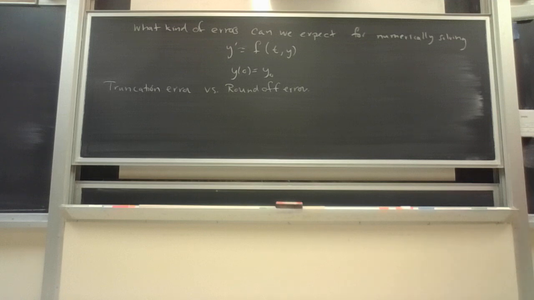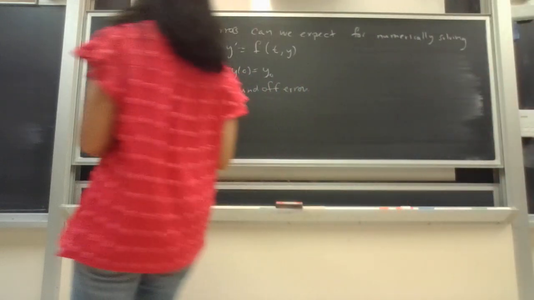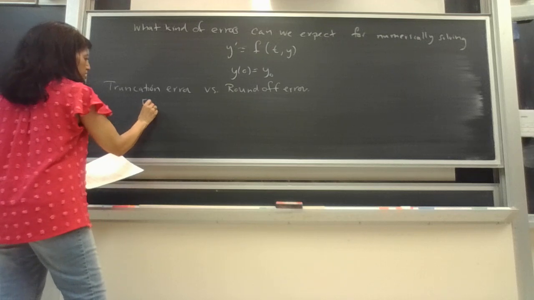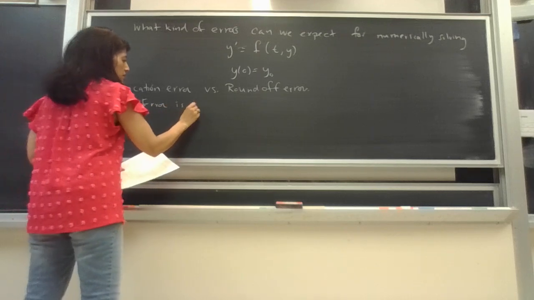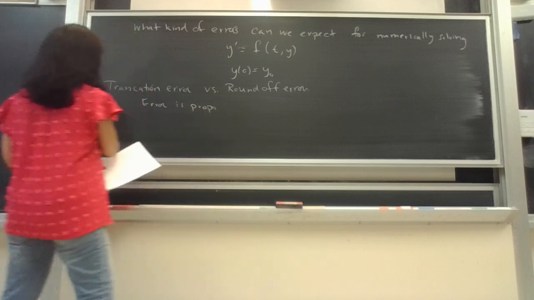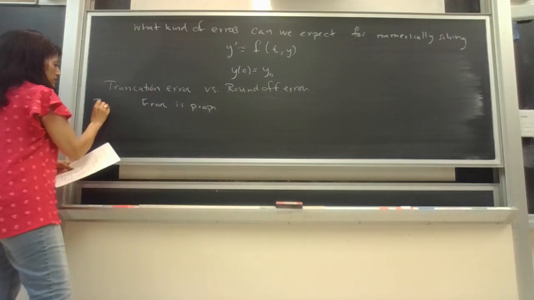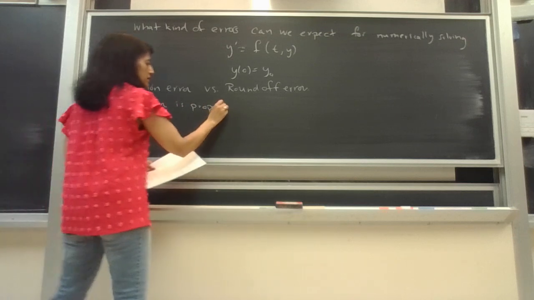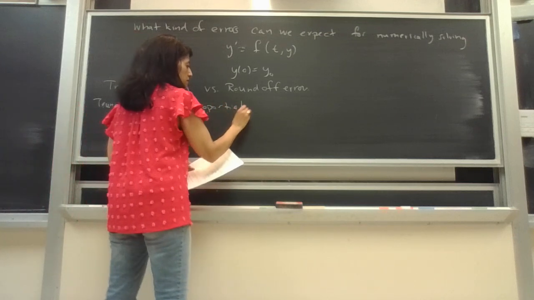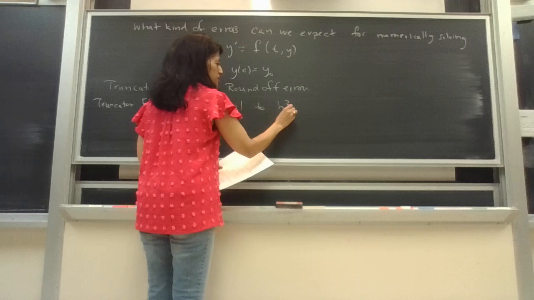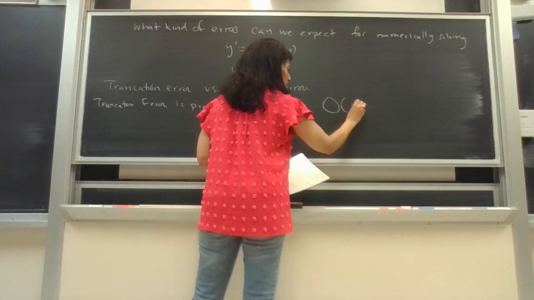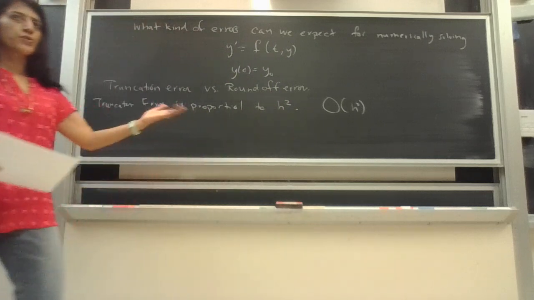But we know from Euler's method, what we call truncation error, that the error is proportional. So this is truncation. Truncation means just cut it off. I always get these wrong. I think it's big O, that your error is proportional to.